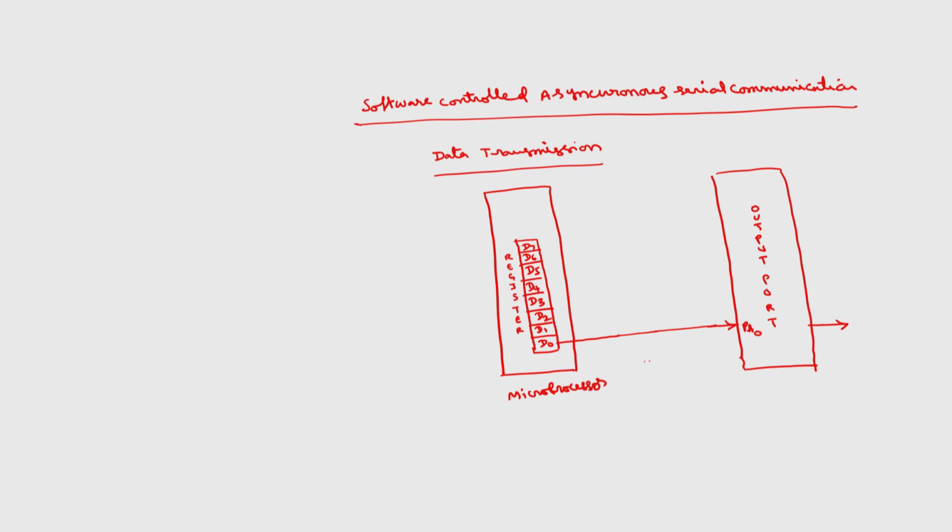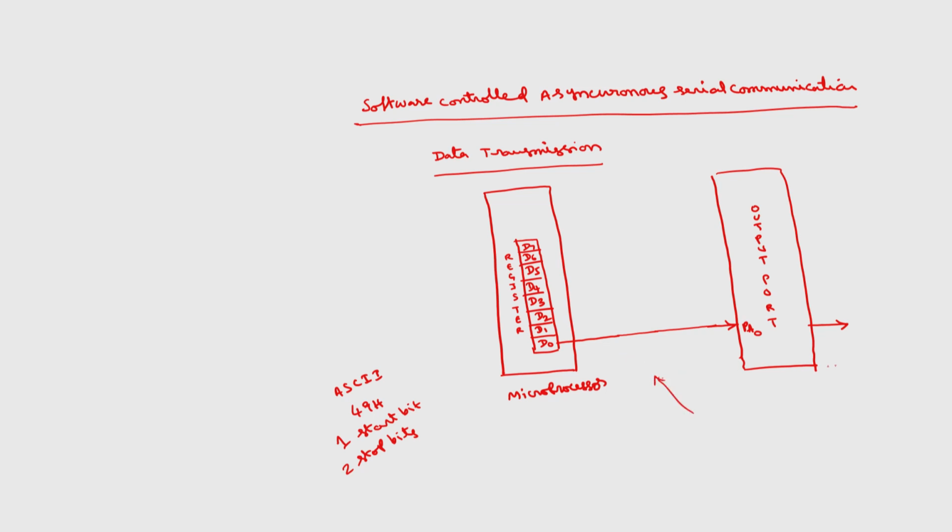Suppose I want to transmit the 49H ASCII code, with one start bit and two stop bits. What is the waveform that is to be generated here?